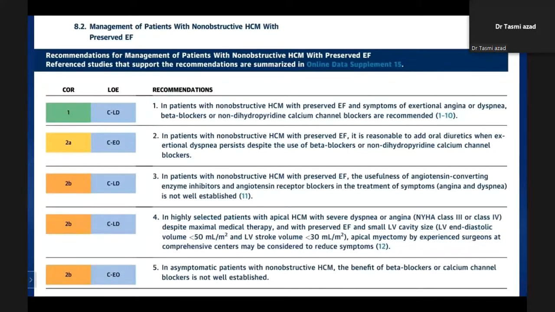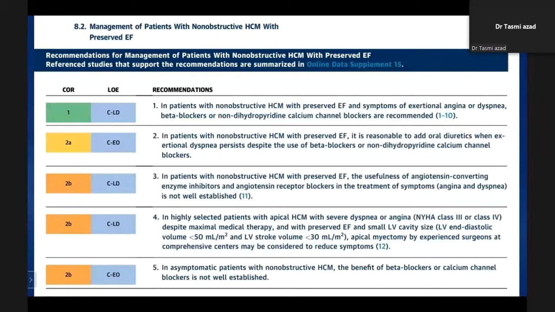The term preserved ejection fraction is used for those presenting with ejection fraction more than 50%.